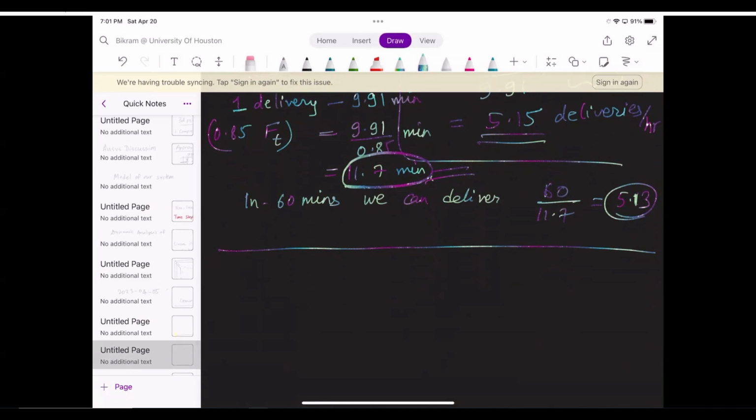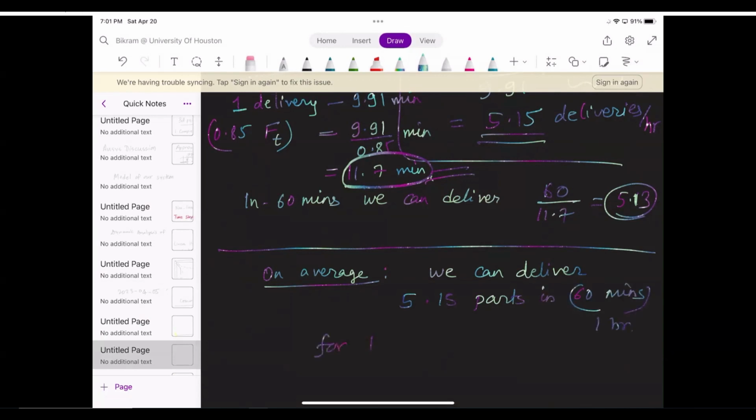So on average, we can deliver 5.15 parts in 60 minutes, or in 1 hour. For 18 parts, how many vehicles do we need?